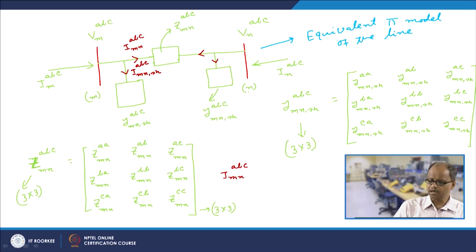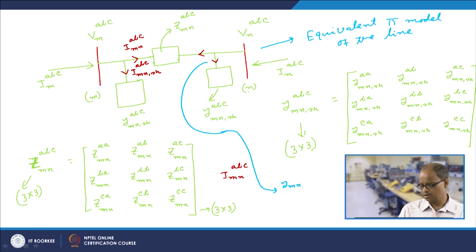Similarly, if I say that this is IMNSH ABC at this stage, this current would be nothing but YMNSH ABC into VN ABC.